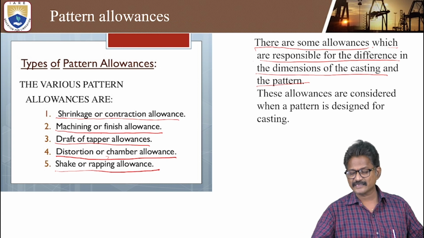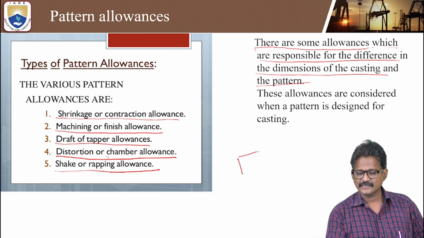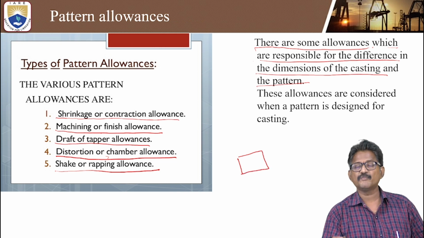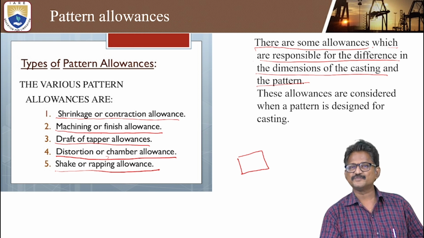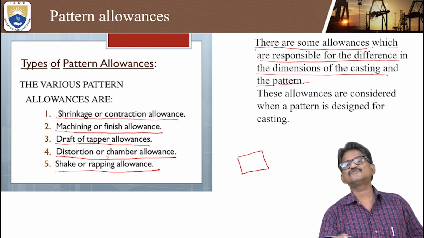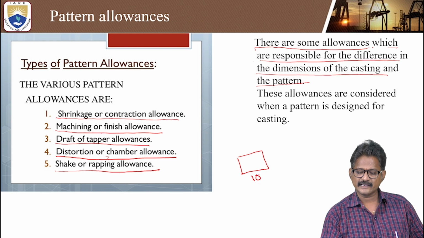Suppose you take a component, and you want to apply the shrinkage allowance. Before shrinkage what will happen, after shrinkage what will happen. For example, this dimension is say 100 and this is 50.